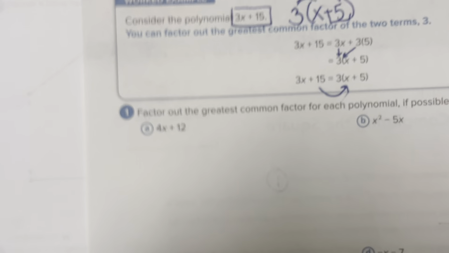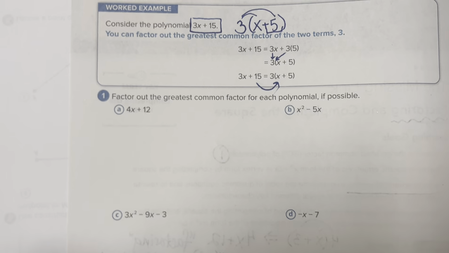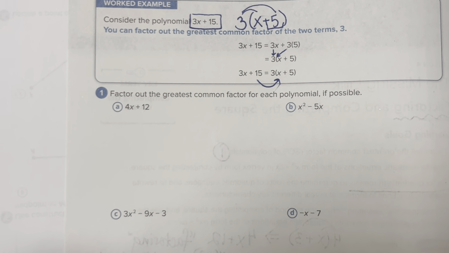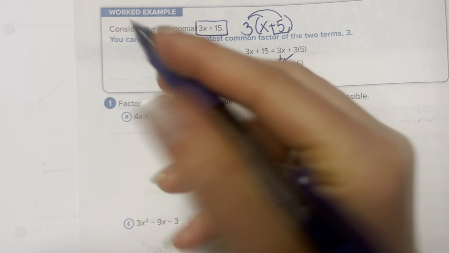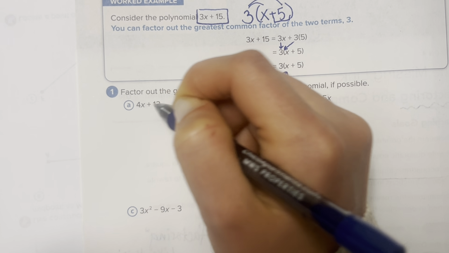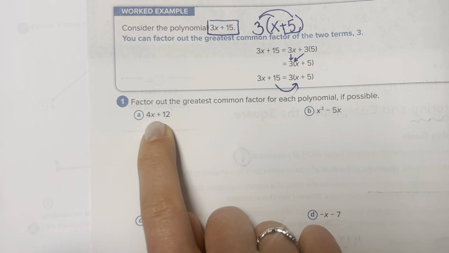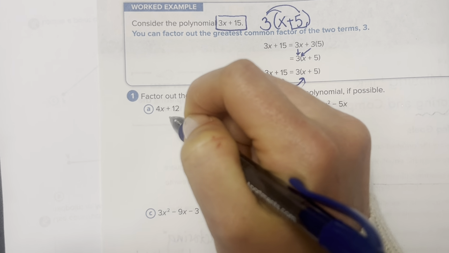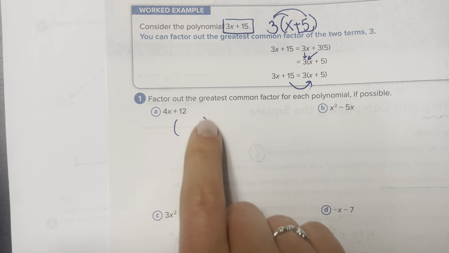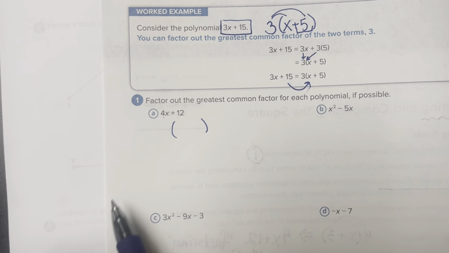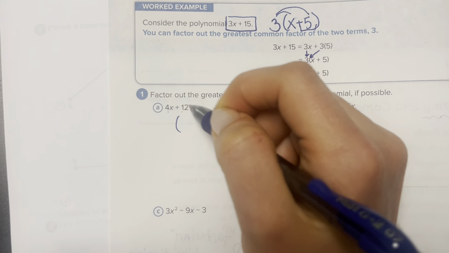So I'm going to start here at number 1. Feel free to pause the video, do this on your own, and then check your answers. If you'd like to follow along with me, great. So here, it's the same thing where we have 2 terms, only 1 x. So this is going to be what is in the front and what do we have to multiply by. So what do 4x and 12 both have living inside them as a factor?